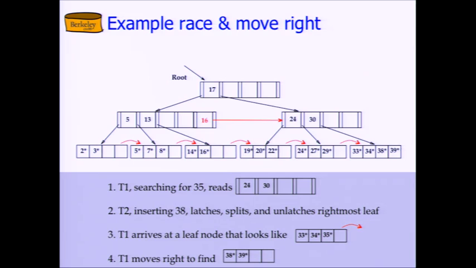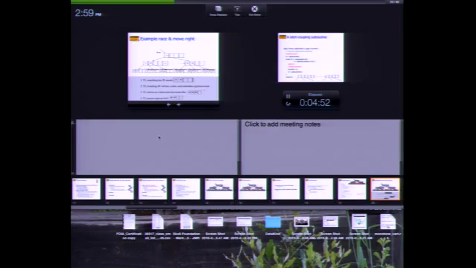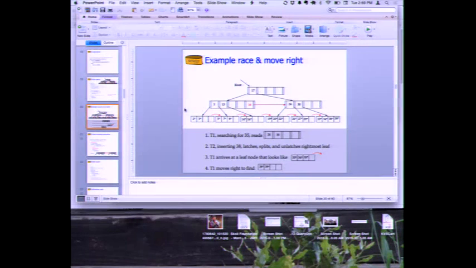And T1 is going to say, oops, bad example. One minor detail. Sorry. This is what I get for doing these late at night. This should just be 38. And this should be 35. And then we're okay. I got my readers and writers mixed up.